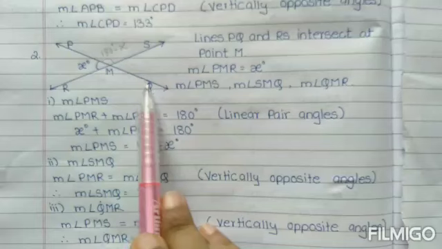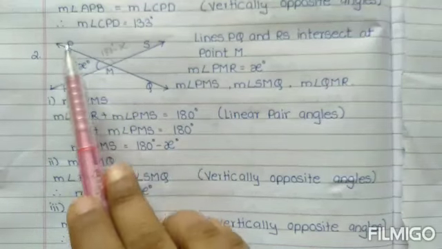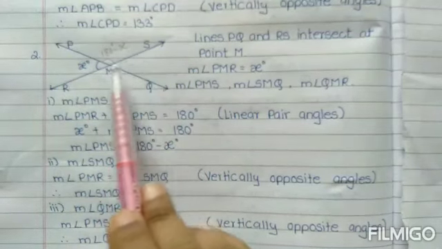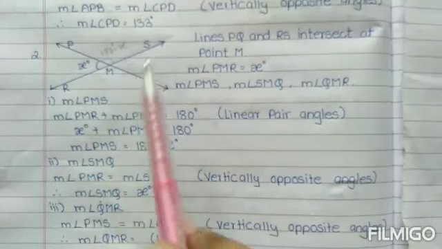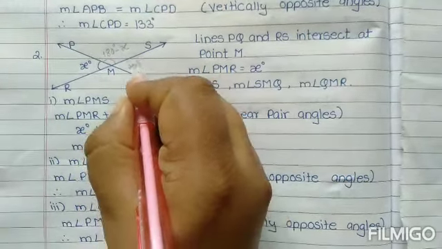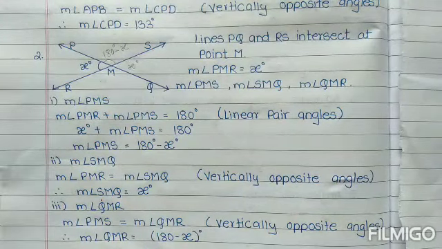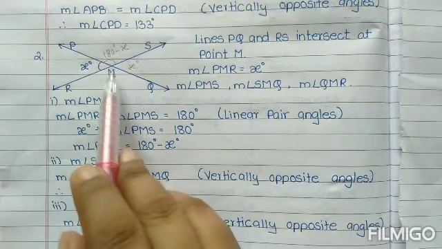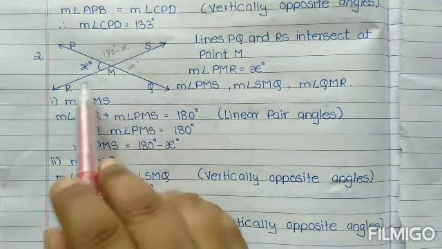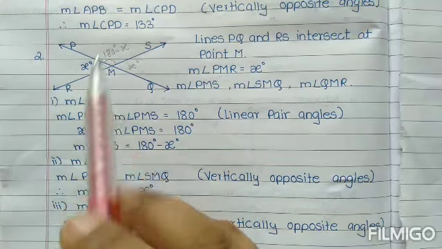Angle SMQ. Angle PMR and angle SMQ are vertically opposite angles. So their measures are equal. So it is x degrees. Then angle QMR. Angle PMS and angle QMR are vertically opposite angles.